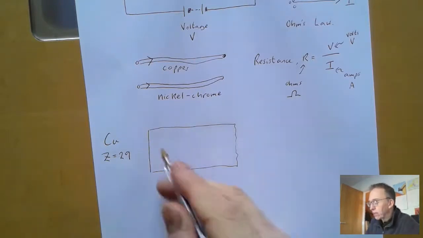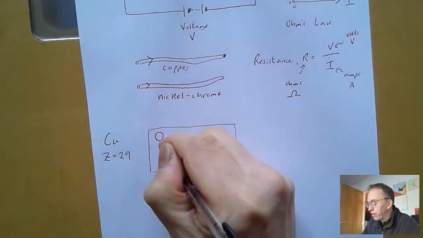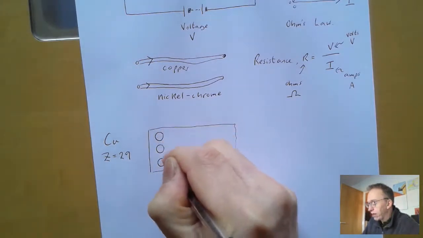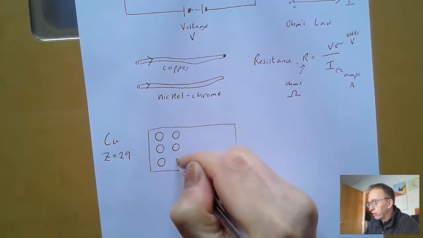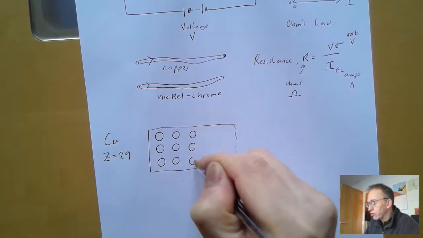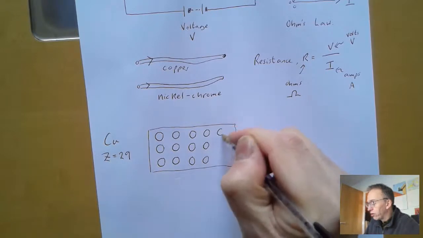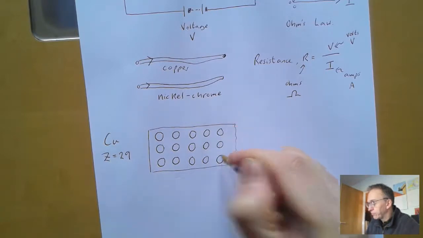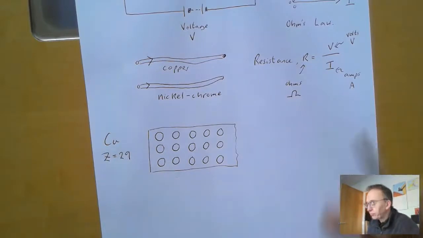Now, the copper atoms are arranged within the metal in a regular pattern. Copper is actually a crystal. It has a crystalline structure where the atoms are arranged in a regular order, a little bit like this. And we call that the crystal lattice.